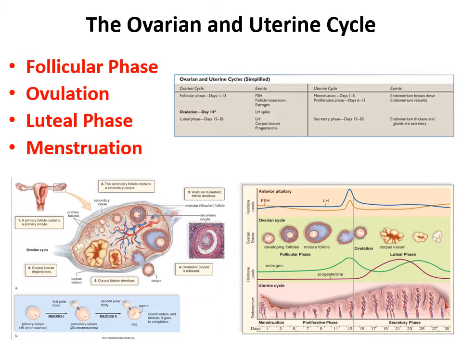Then you have the luteal phase, and that's when LH, the luteinizing hormone, turns the empty follicle into what's called a corpus luteum, which you see in this structure here. That yellowish stuff there is the corpus luteum developing, and it's simply a structure that will secrete progesterone.